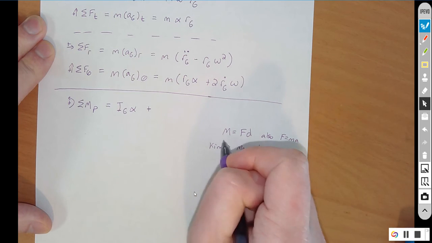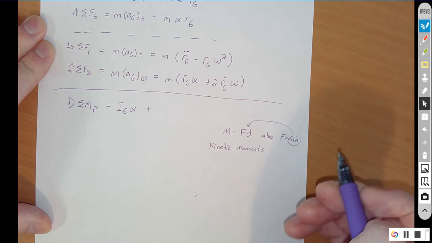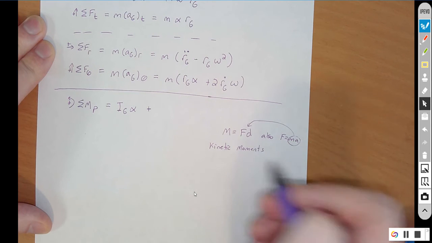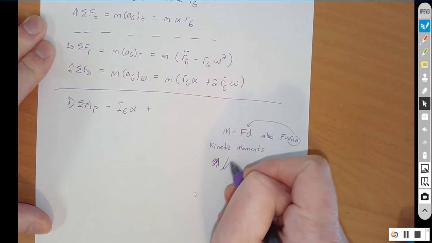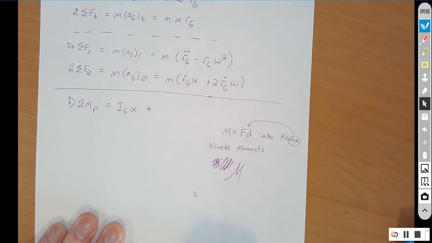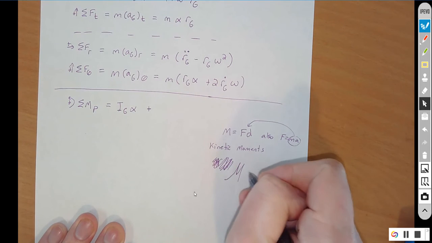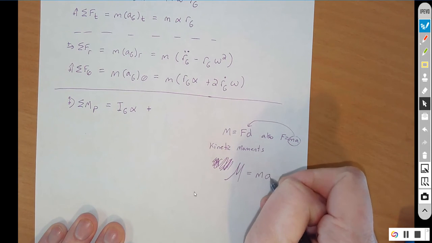If we sub in this ma for this F, we get what's called a kinetic moment. So our kinetic moment is then mass, acceleration, and distance.